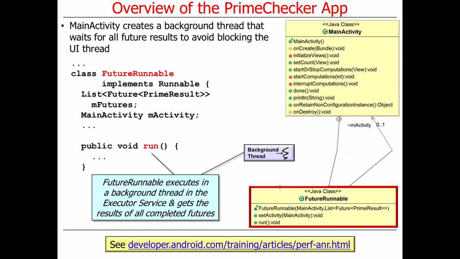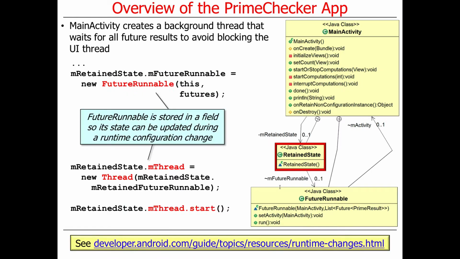So what we're going to do is we're going to have this class called FutureRunnable, which is actually nested inside of MainActivity. It implements Runnable, and it's got a run method, which we'll look at in a second, that runs in a background thread, and it basically is used to get the results of the computations. Now, this object, the FutureRunnable object, is actually stored in a field. And this field is then used to create a thread.